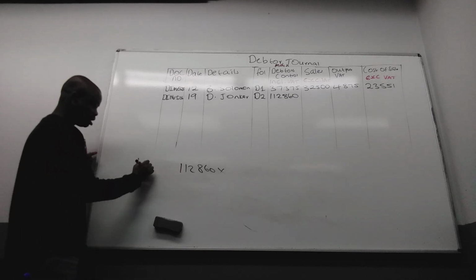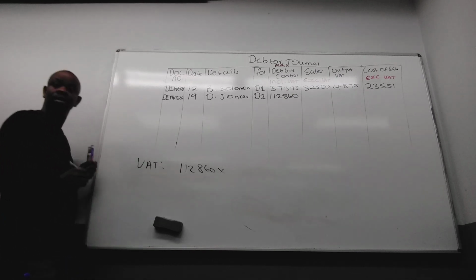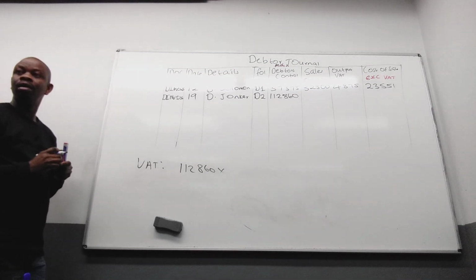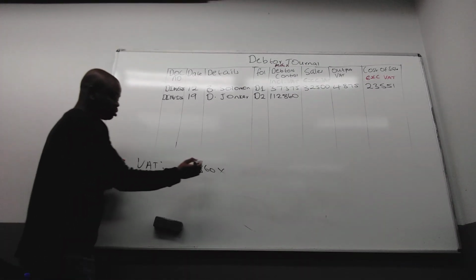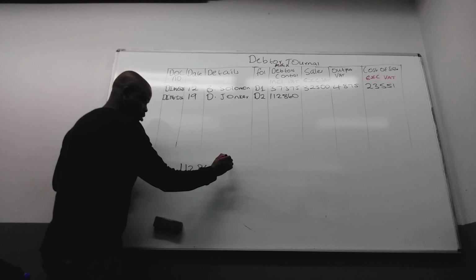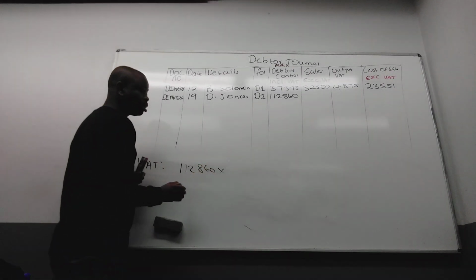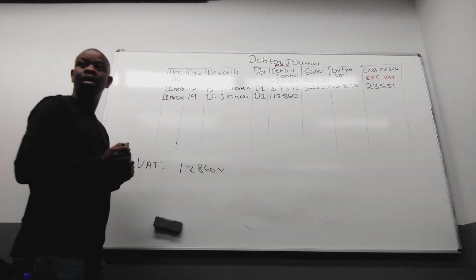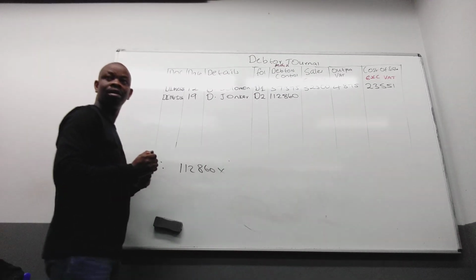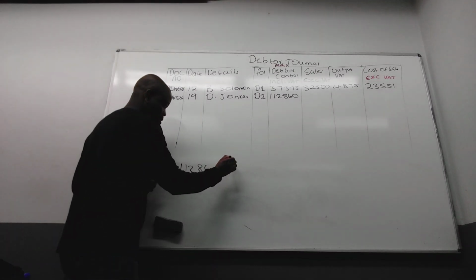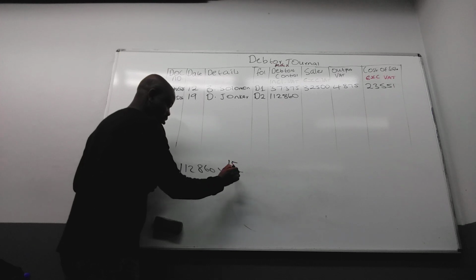This is the VAT calculation. It's 14,720. Show me how you did. It's 15 over 115 multiplied by 112,860. Did you get that?